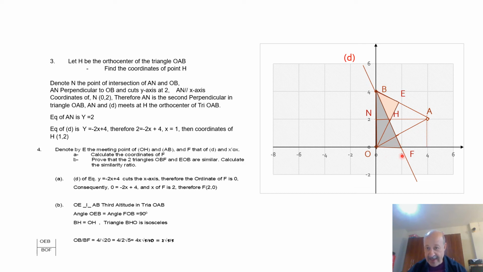It gives me that BF is equal to radical 20. I will not leave the radical in the denominator; I will rationalize. Before that, let's simplify. 4 over radical 20 is 4 over 2 radical 5, which is equal to 4 radical 5 over 10, which is equal to 2 radical 5 over 5.